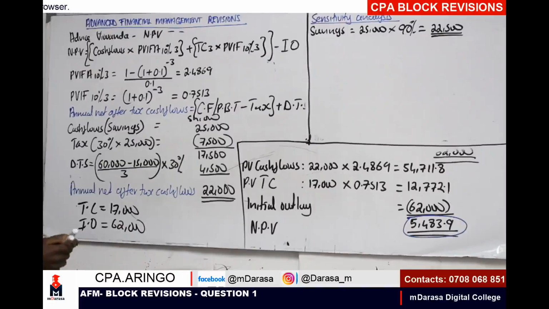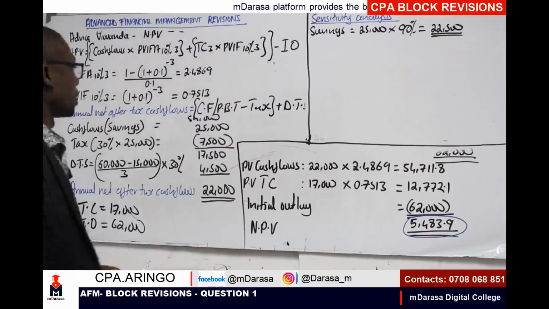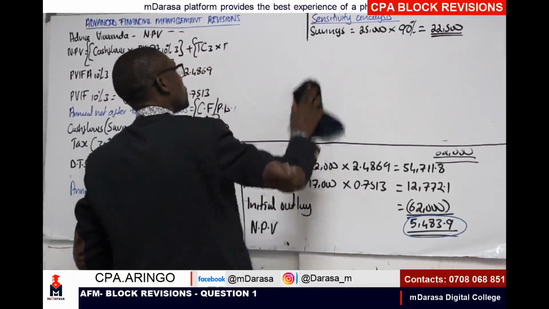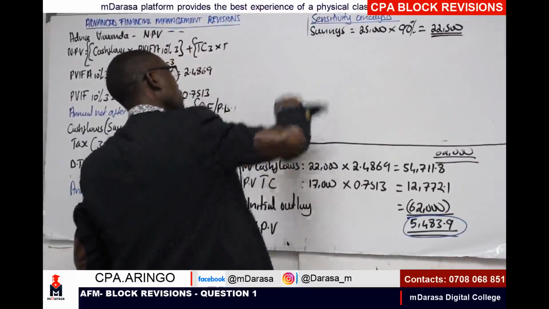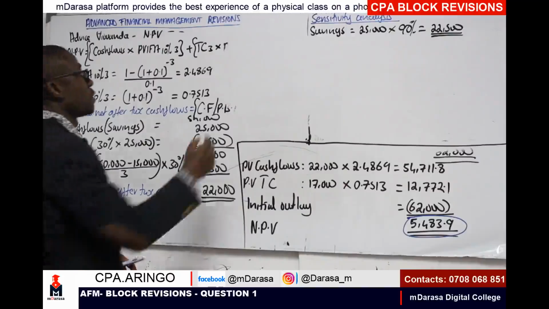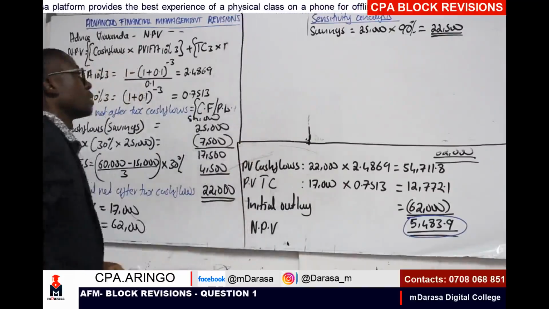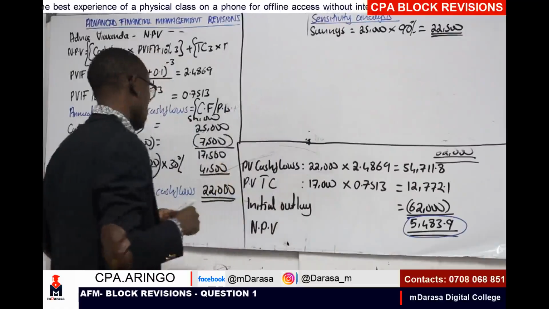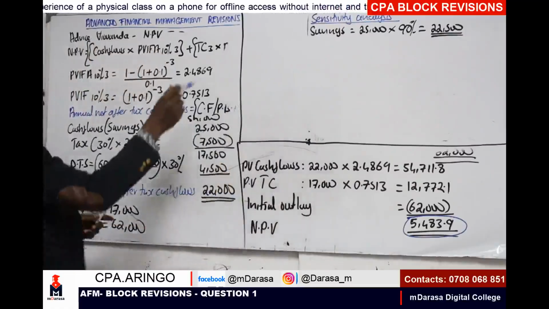All these other items will be the same, except for the component of tax. Tax is the other item that will literally vary here, right? So conducting that sensitivity analysis, you can erase all this except for our factors. So these are what you should be having now. My new annual after tax cash flows. You see, initially we had 22, but things are changing now.